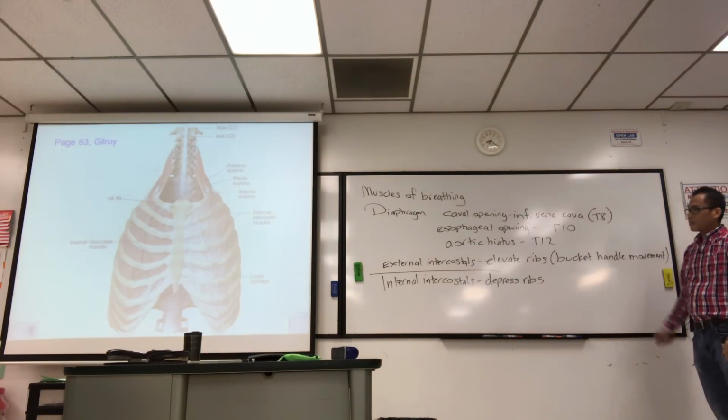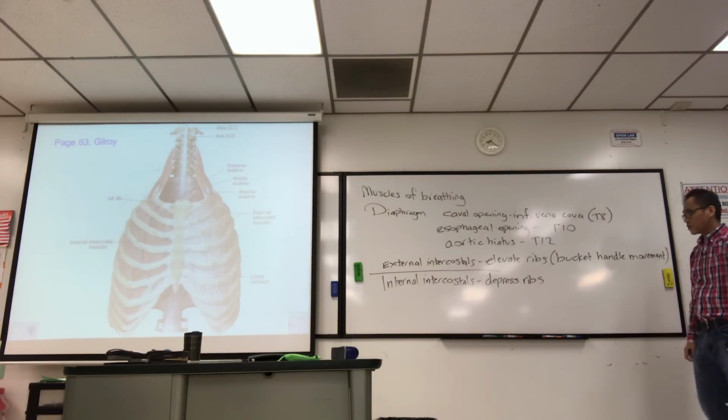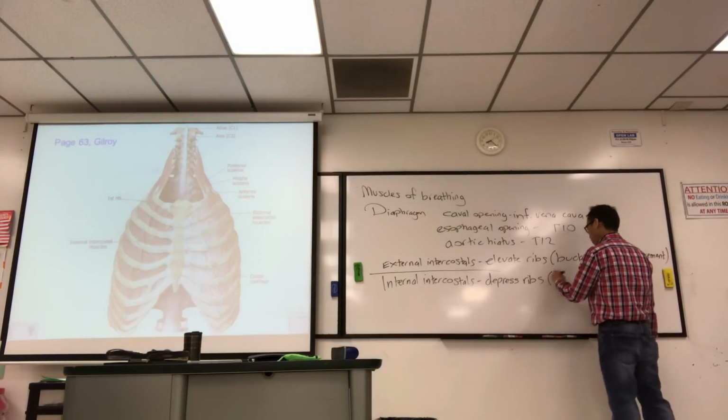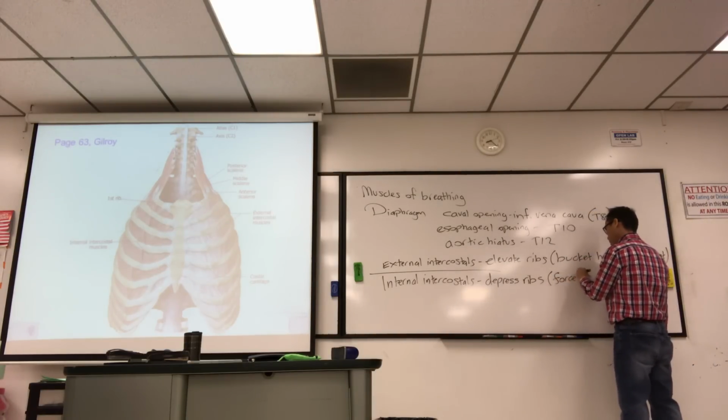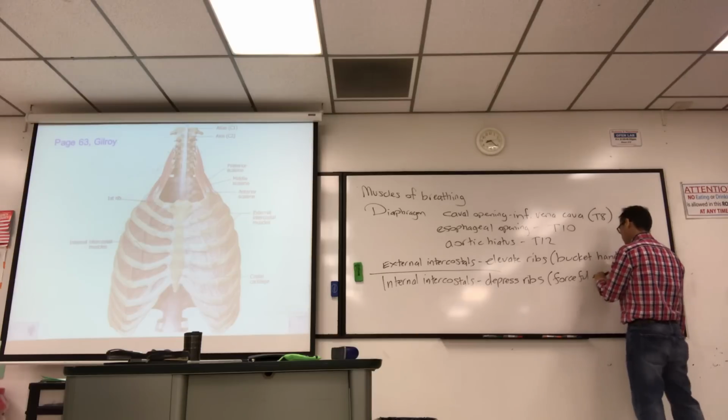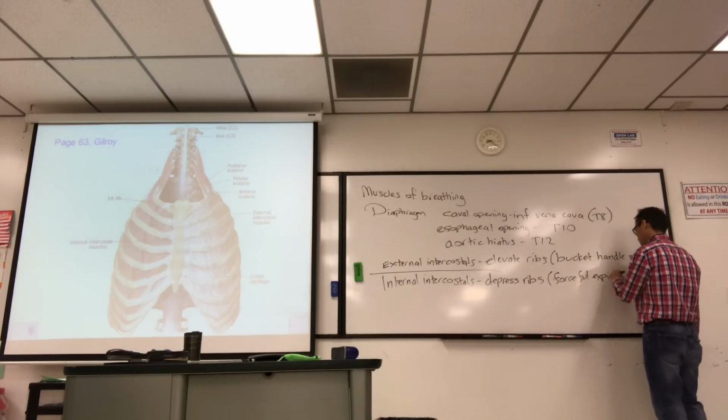So, if diaphragm and external intercostals are for inspiration, depressed ribs would be for forceful expiration, huffing and puffing.